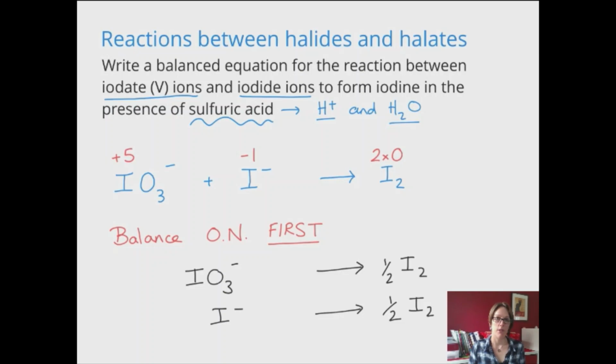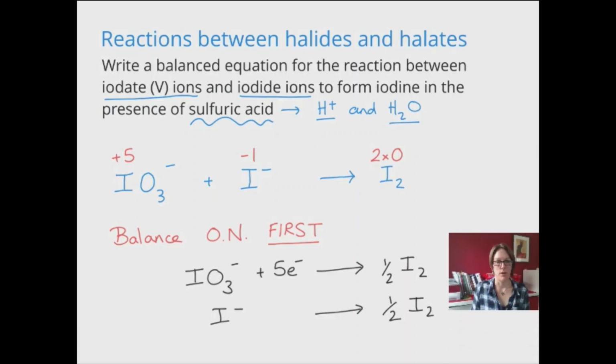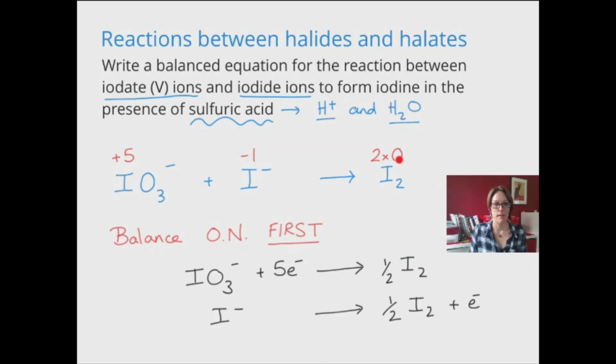The amount of electrons lost is not the same as the amount of electrons gained. So I can kind of do a partial half equation to work it out. I need to add 5 electrons to my iodate 5 in order to get it to 0. But I only lose 1 electron every time an I minus ion changes to 0.